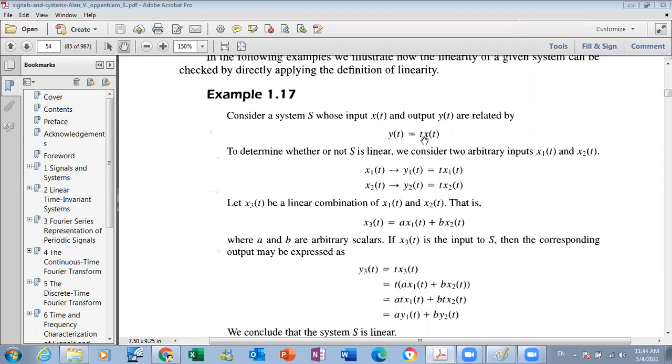We take input x1(t) which corresponds to y1(t). y1(t) will be equal to t x1(t).